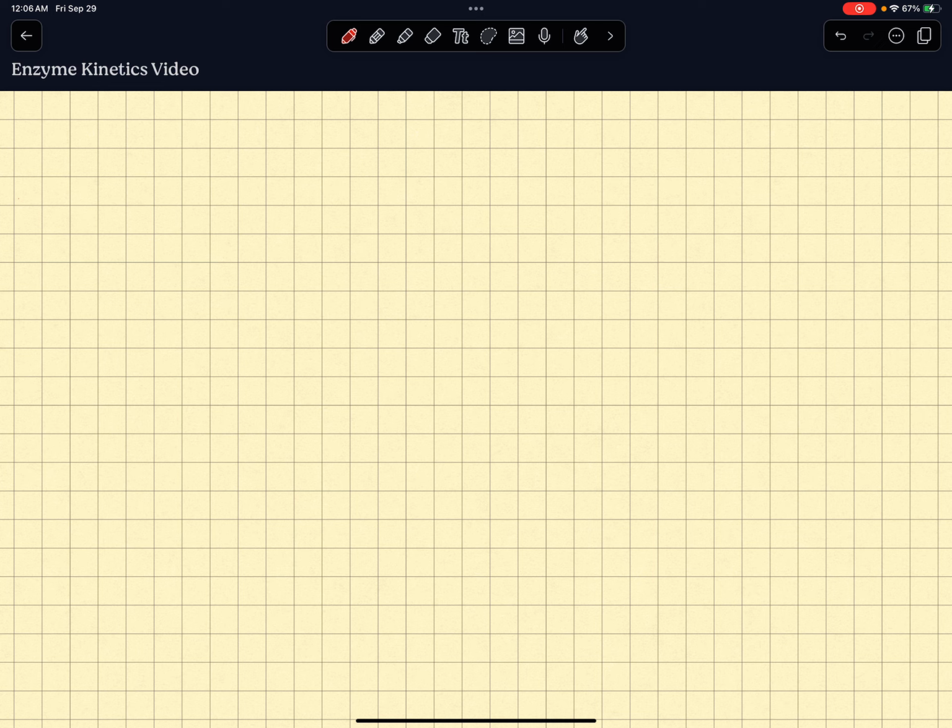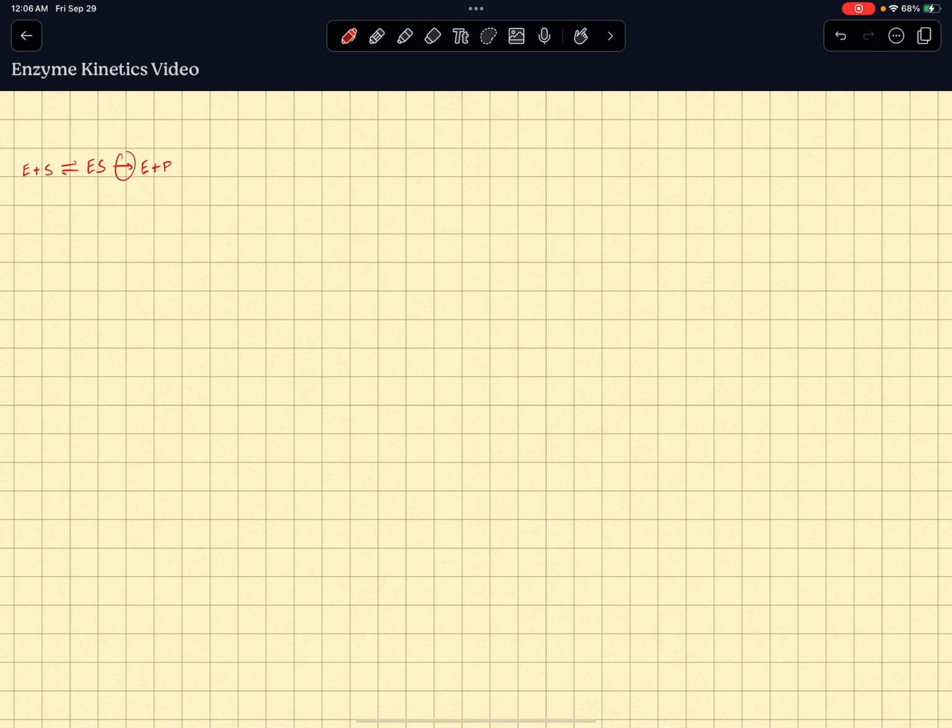And so the way that I start doing this is I write my enzyme equation. So it's enzyme plus substrate. This is reversible. And we go to the enzyme substrate complex, and then this irreversible arrow to get to enzyme plus product.